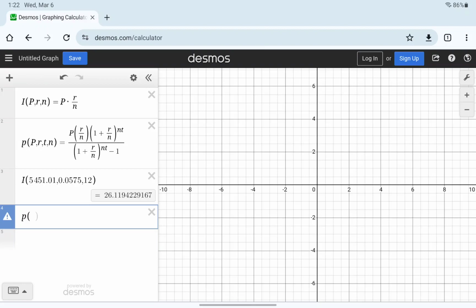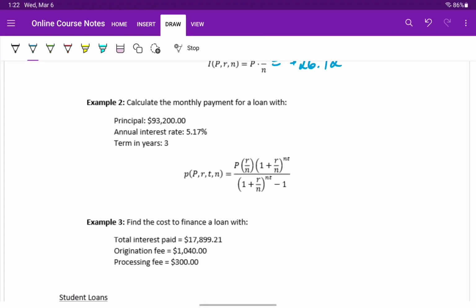So we'll evaluate lowercase p of capital P, our principal of $93,200, our interest rate of 0.0517, a time of t equals 3 years, and since we're looking at monthly payments, 12 compounding periods, to come up with $2,800.41. Natural rounding rules would have us round up, but even if they didn't, we would still round this up to say that that monthly payment would be $2,800.41.